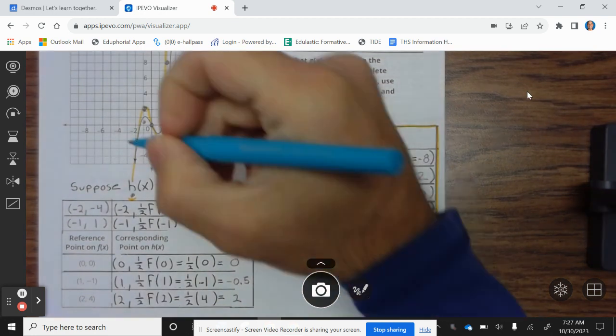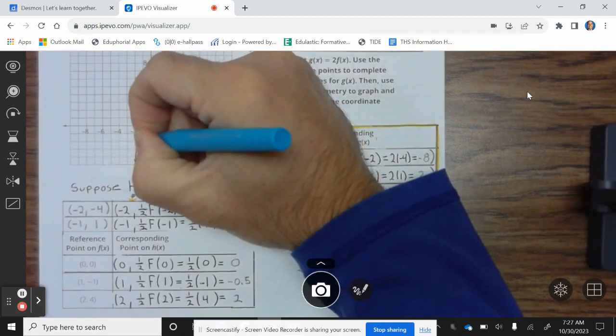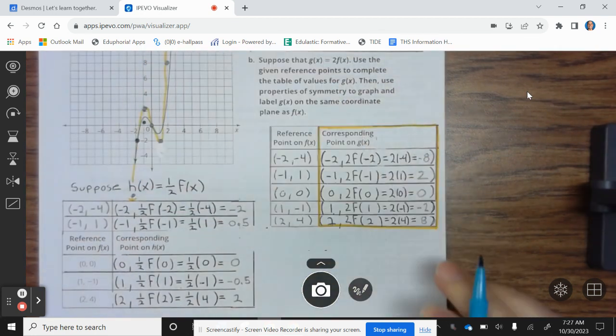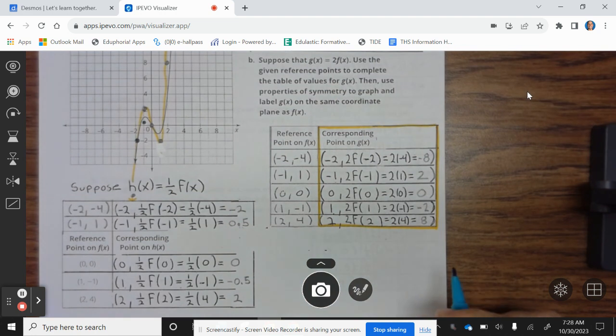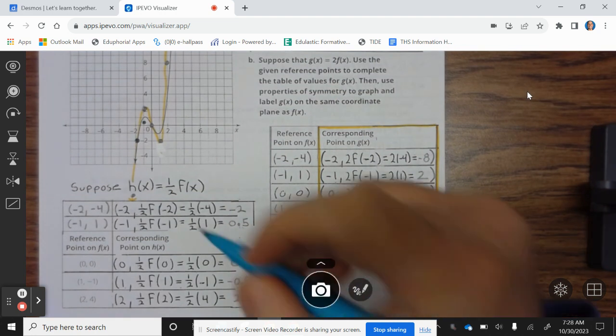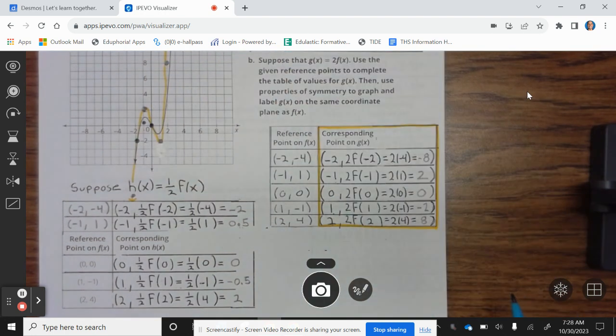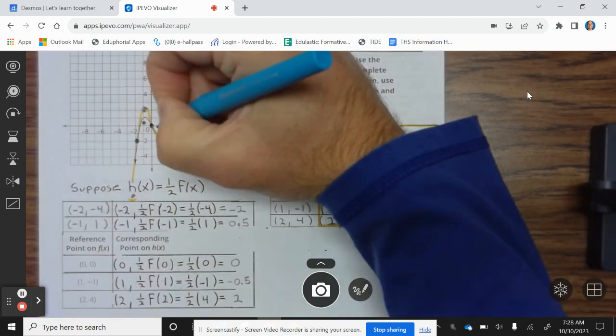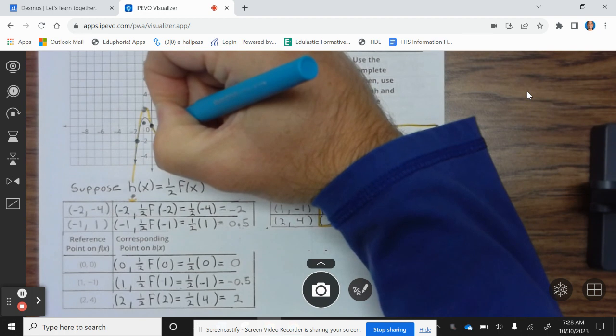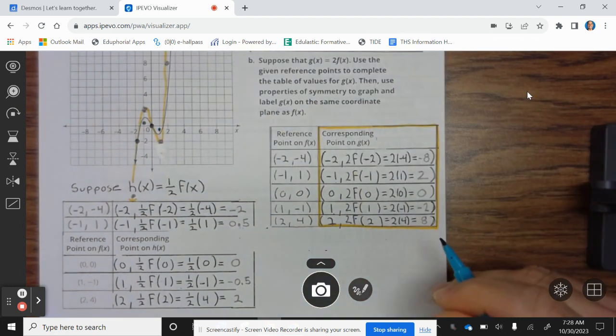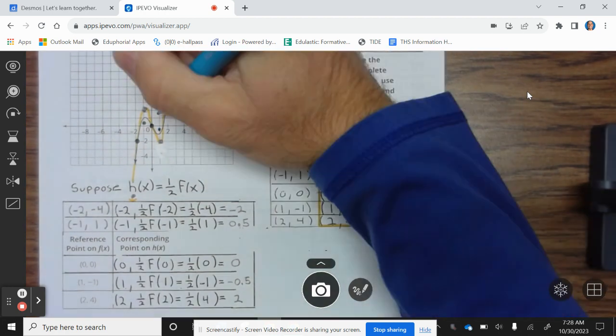And this is kind of getting a little confusing, so I'm going to do these points in blue so it's easier to see. All right, and then 0, 0, 1, negative 0.5, and 2, 2.